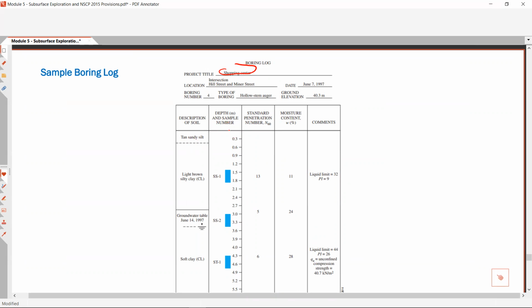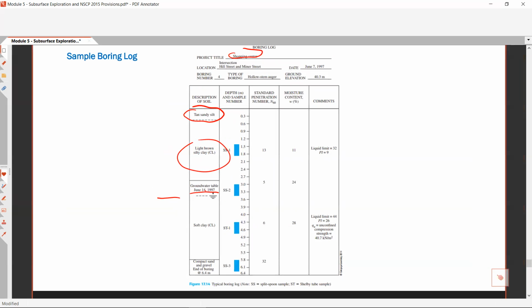Then at the depth of 0.3 to 0.6 meters, your description of the soil is sandy silt. Okay, at the depth of 0.6 to 2.7, you have this description of the soil, and you determine the groundwater table at this time, June 14, 1997. Okay, so you need to consider this groundwater table.